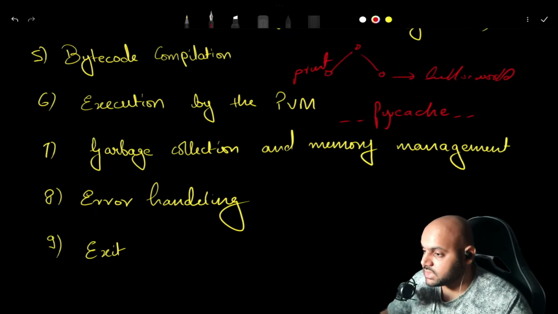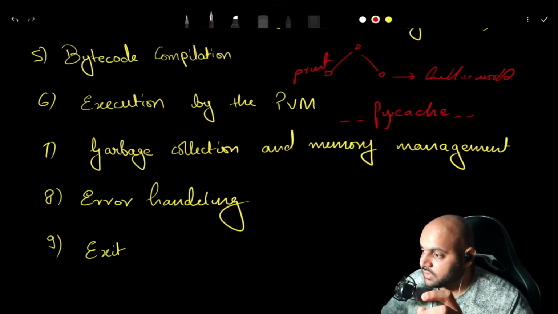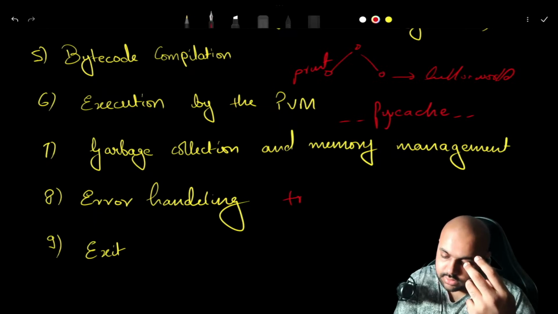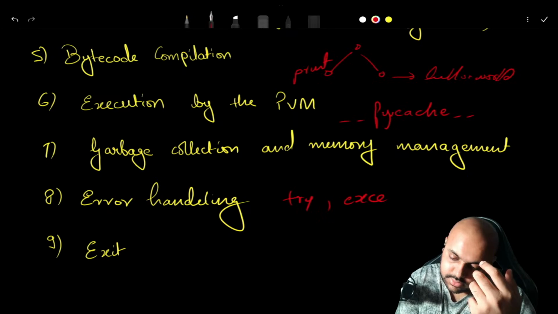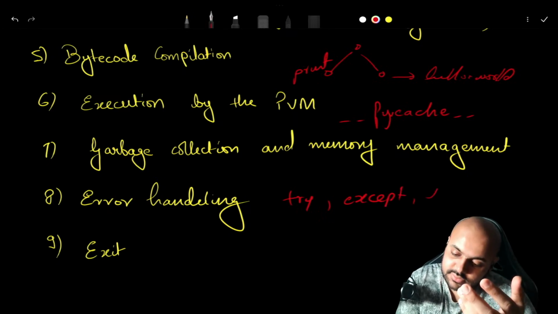It's a fair case. So in such cases, what Python gives you is very good error handling features. It gives you 3 blocks. I'll just write it out for you. Try, except, and the next is finally.